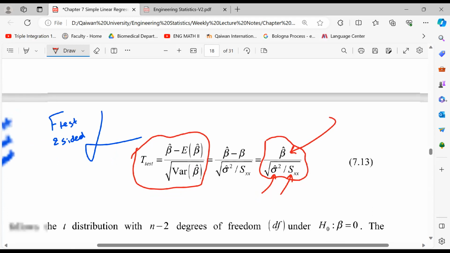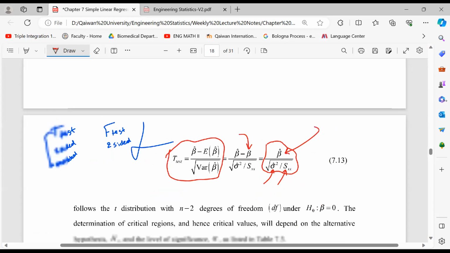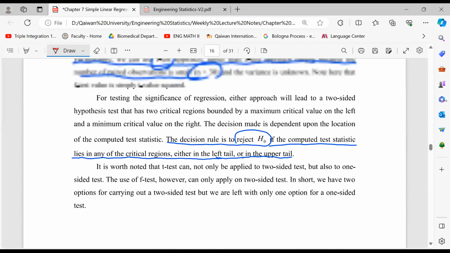Here, we just replace the hypothesized value by 0 as in the null hypothesis. In the null hypothesis, we always say beta is 0. In the alternative hypothesis, H1, we say beta doesn't equal 0 for two-sided, beta greater than 0 for the positive one, and beta less than 0 for the negative one. We have these three cases for the alternative hypothesis.